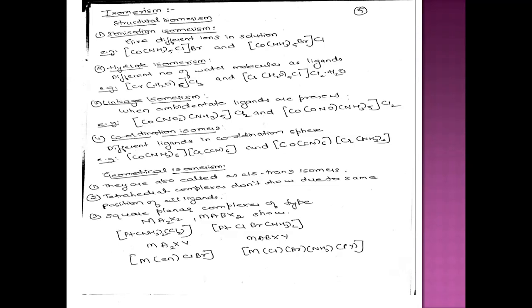In structural we have studied 4, and in stereo we have studied 2, that is geometrical and optical. I have told you shortcuts for which types of complexes show which isomerism, and we have discussed some problems. So this synopsis is enough for you to brush up on these concepts in coordination compounds.